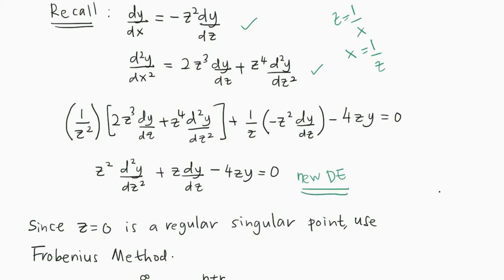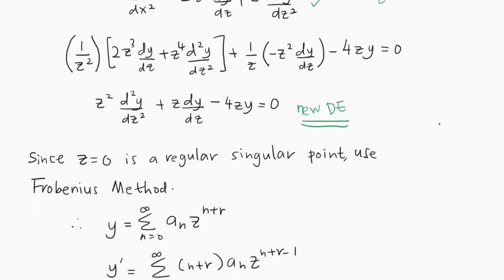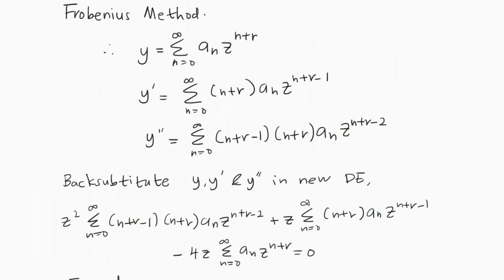Since z equal to 0 is a regular singular point, we will be using the Frobenius method. Therefore, we have y equal to the summation n from 0 to infinity of a_n z to the power of n plus r. Take note, this will be written as z, not x.